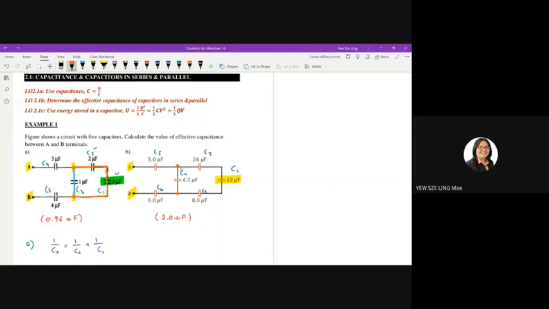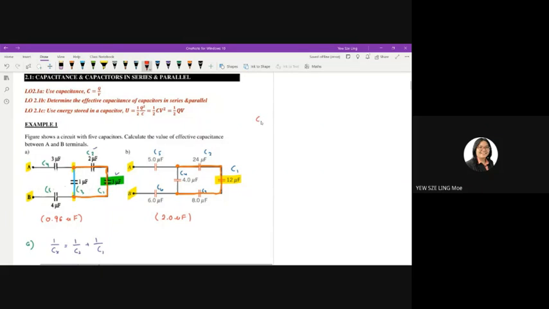From junction to junction along this orange color path, it's going to pass through three capacitors. And judging from the way they are connected, these three capacitors are connected in series.